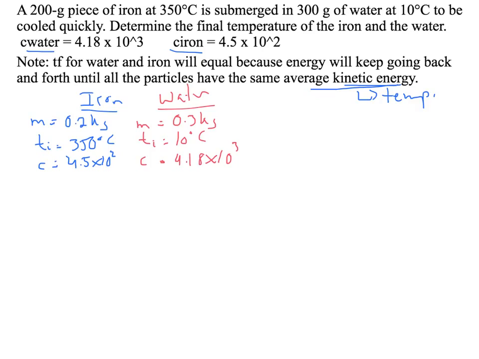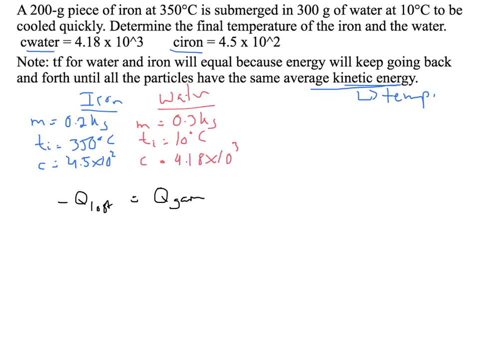Now, how do we do an equation like this? Well, we know that whatever energy is lost is going to be gained. So iron is going to lose energy. It has a higher temperature. Some of that heat is going to move from the iron to the water. So that's why we put a negative in front of the iron, and that's why we put it lost.